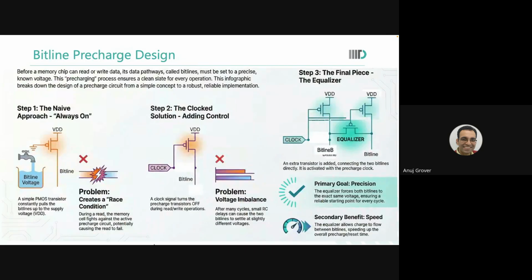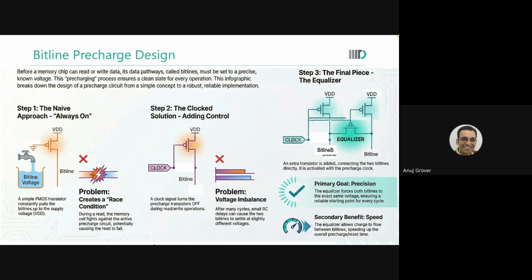Then we started to look at the IO circuits, where we looked at precharge. Now, what kinds of precharge did we look at? We said that the most basic naive precharge type would be static precharge. Am I right?